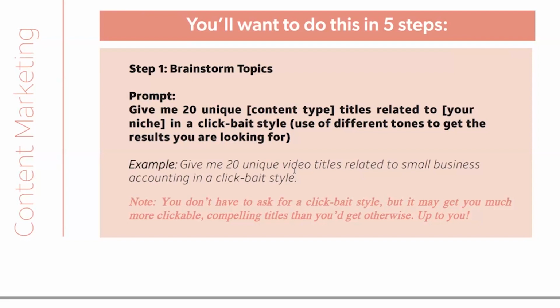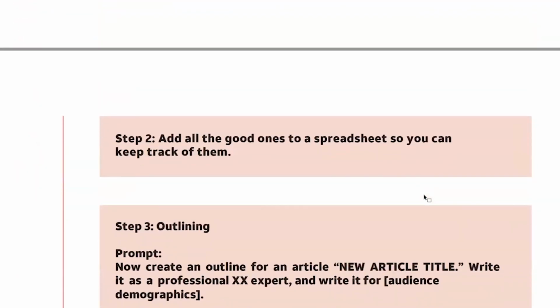An example was to give me 20 unique video titles related to small business accounting in a clickbait style. You don't have to ask for clickbait, but like I said, it could be more clickable, and it's compelling titles that you otherwise may not be able to get. So it's up to you.